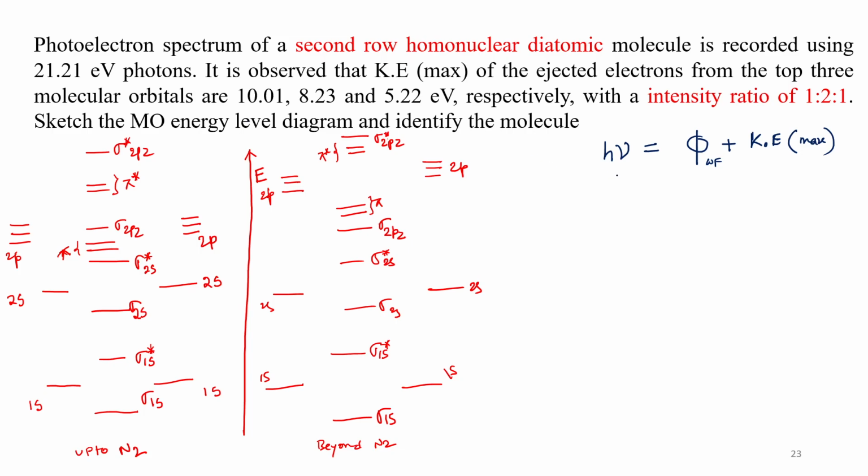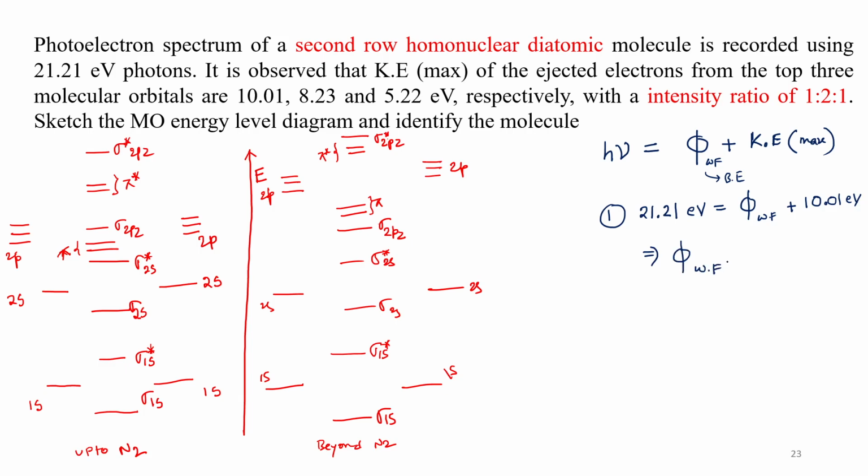Let us first see what the binding energies of these three types of electrons are. For the first case, the energy is 21.21 electron volt, and the kinetic energy is 10.01 eV.